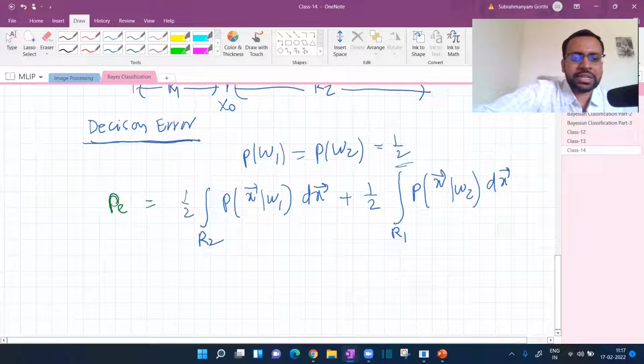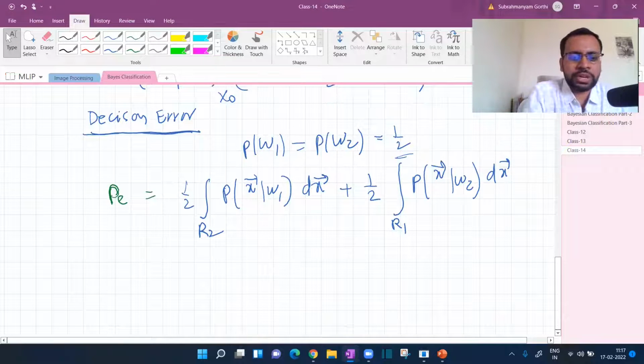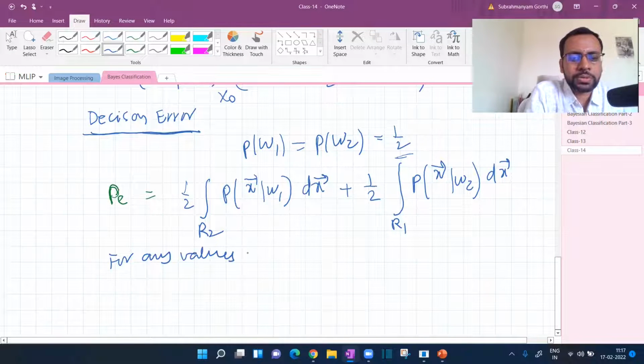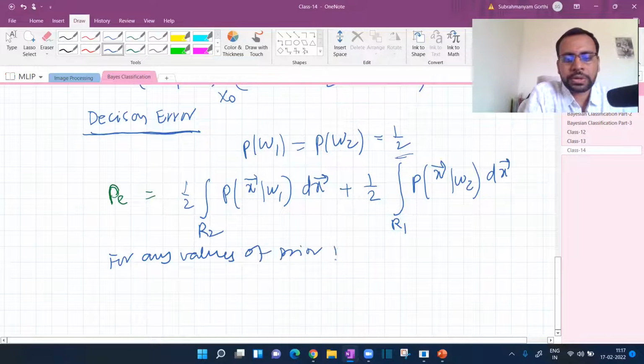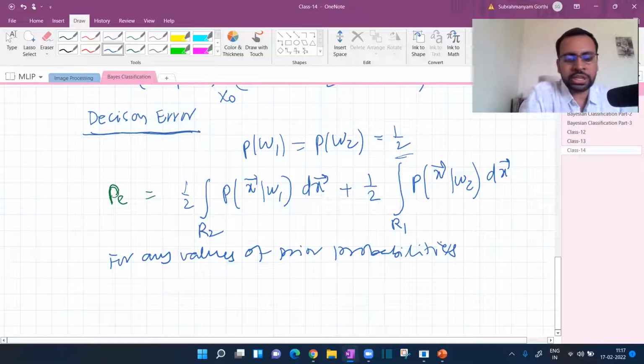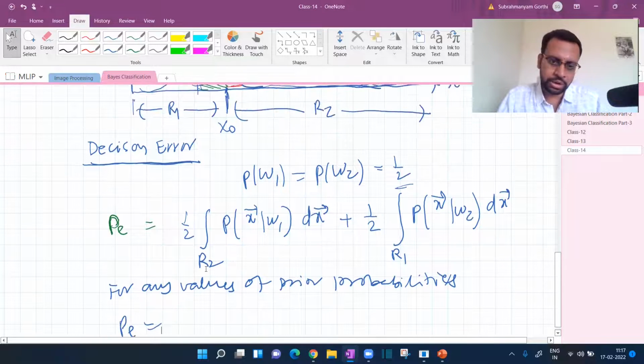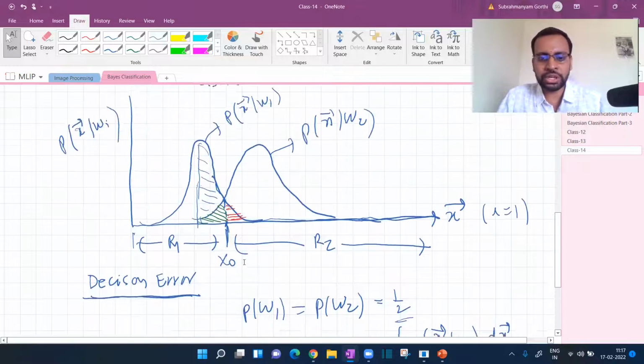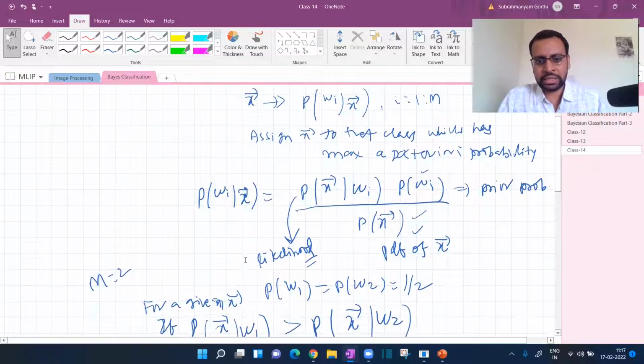Now let me write the expression for any values of prior probabilities. It has so happened that you are looking at the likelihood function alone because the priors were the same.